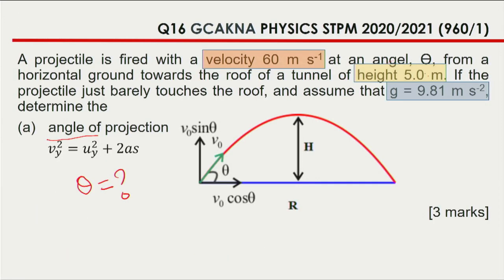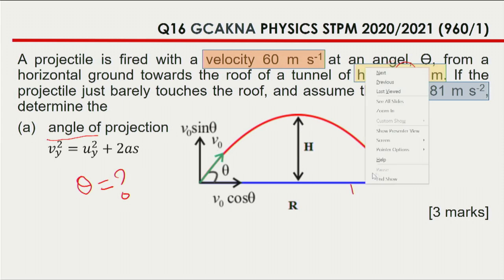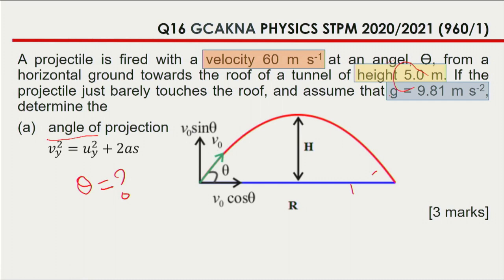This diagram helps us solve the problem. This is theta, this is V naught, this is V naught sin theta, and this is V naught cos theta. Somehow it is written this way, but you can write it as U.